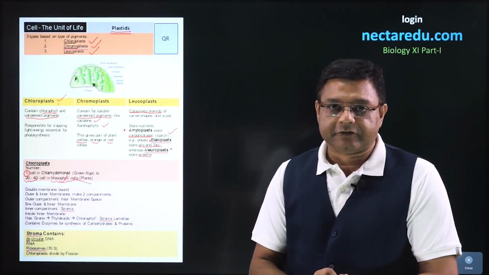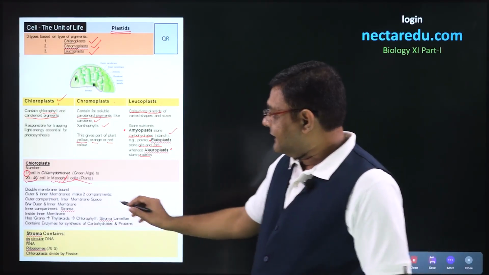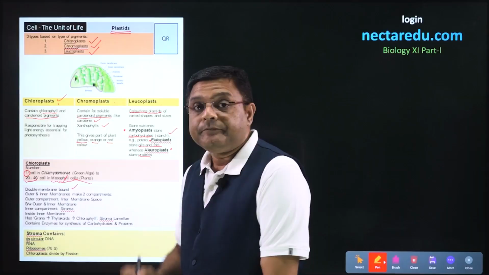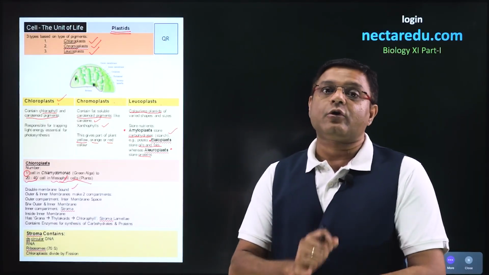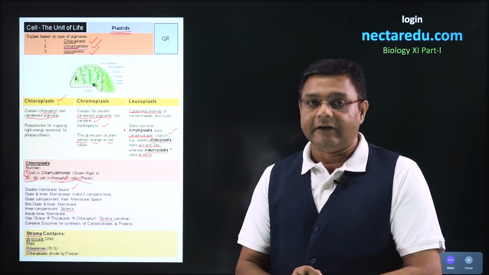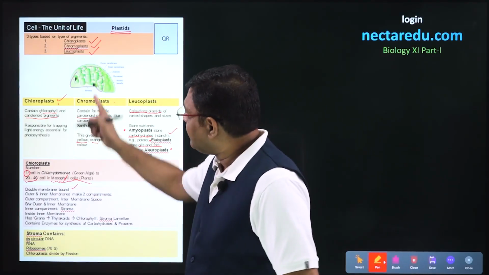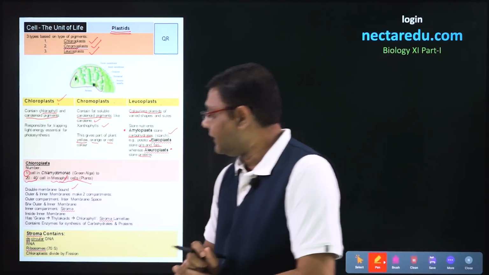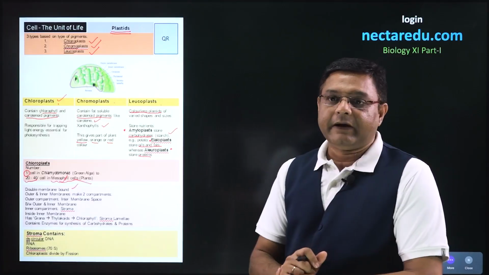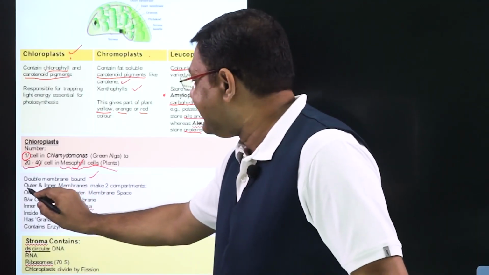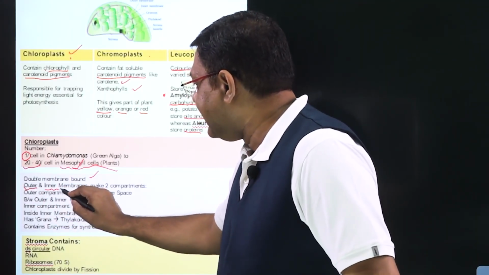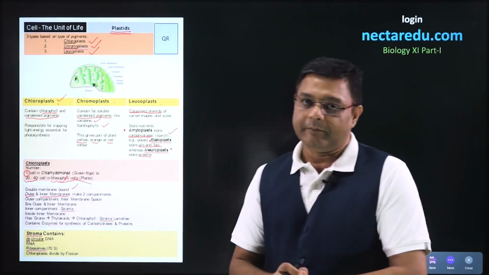Talking about the structure of chloroplast, these are double membrane bound. If we remember, mitochondria always had a double membrane. The same double membrane is also present in the chloroplast. The outer one is called the outer membrane and the inner one is called the inner membrane.